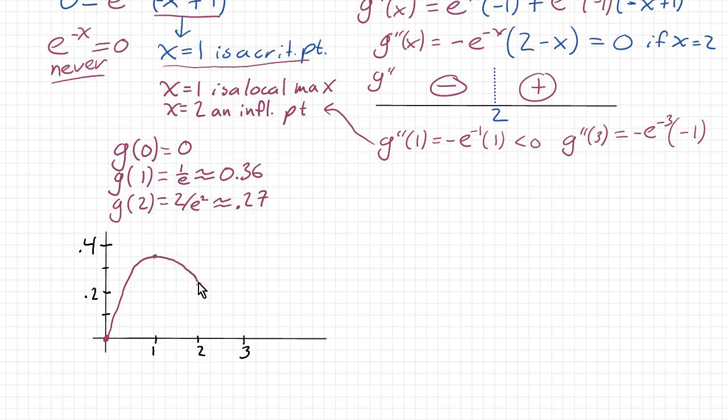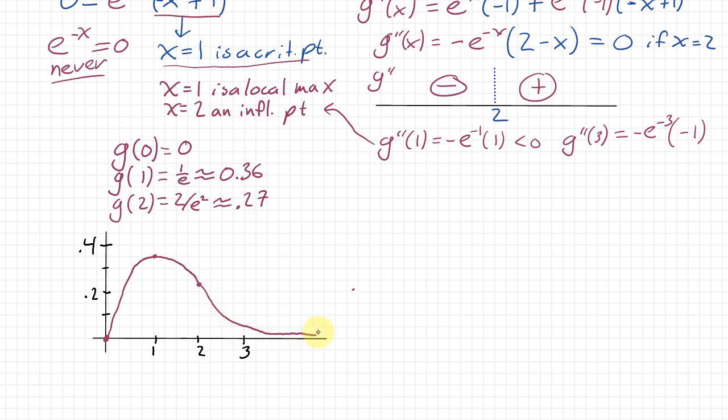So there's something concave down there. And then at x equals 2 is where it's going to have its steepest negative slope and then start flattening out again. So it's going to do something like this. Like that.